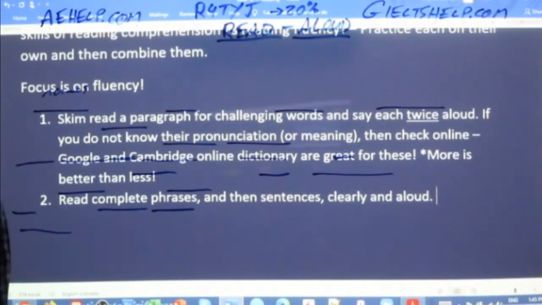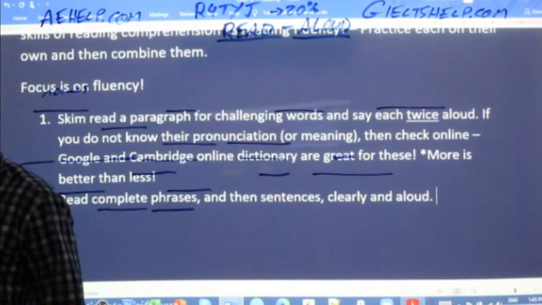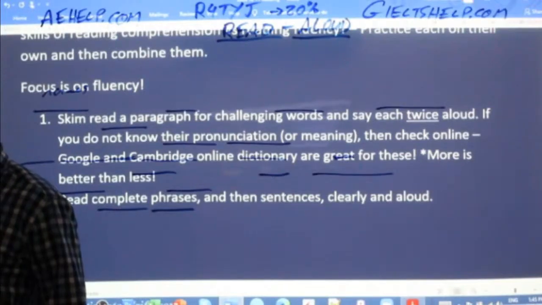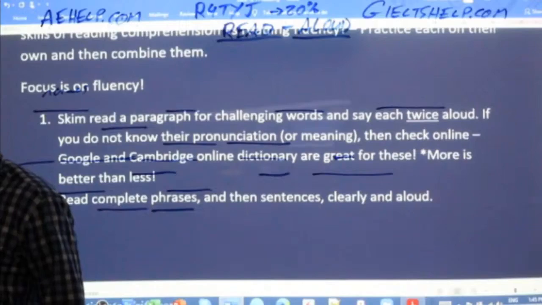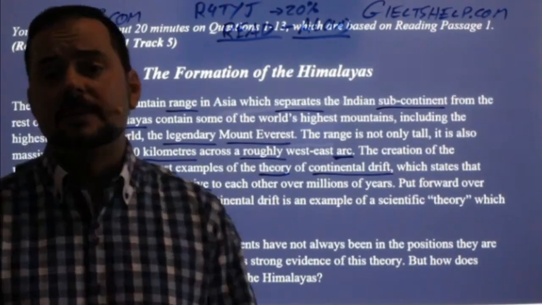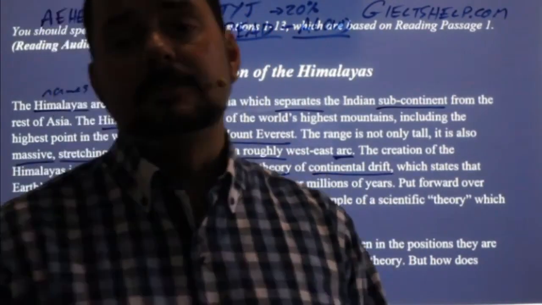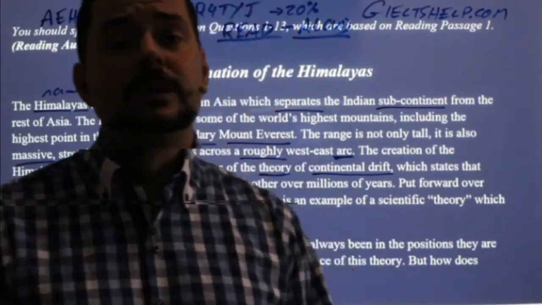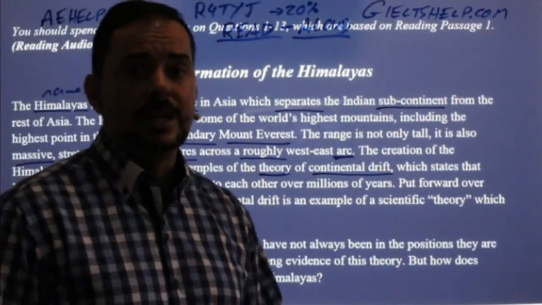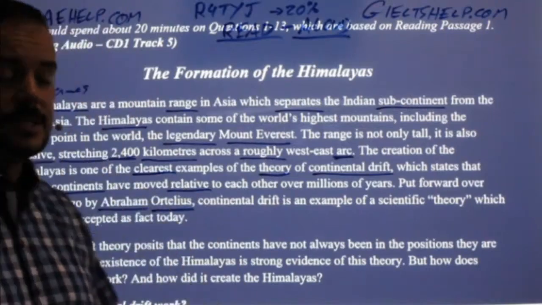Okay, so it seems like a tedious task, and you don't have to do this all the time, but just doing it once or twice with one passage per week will really help to improve your fluency. Students who have followed my advice on this, many of them have sent me emails or have come back to me and said, hey, Adrian, wow, I literally improved my reading speed by like 30-40% over a month, 6 weeks.